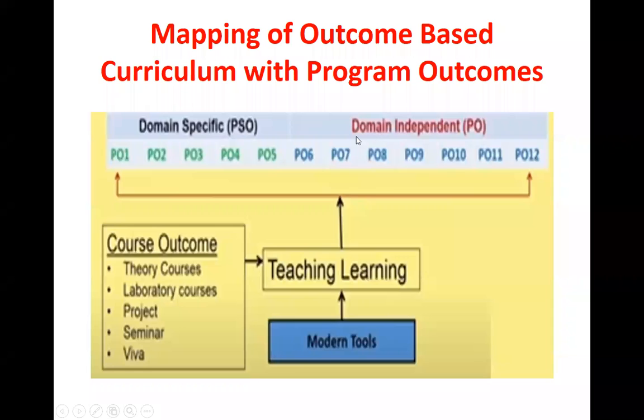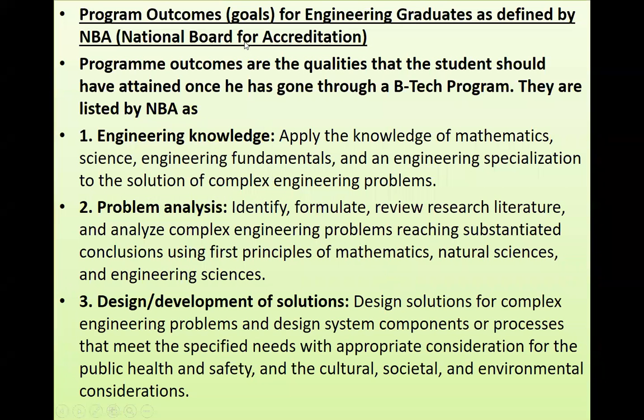And we have program outcomes 6 to 12, which are domain independent, where you have teamwork, communication skills, lifelong learning, engineer and society. All those things are included in the domain independent program outcomes. So you should see that all the program outcomes are attained by your courses. So you have to be very careful while mapping your course outcome with the program outcomes. Okay, so these are the program outcomes which are defined by NBA.